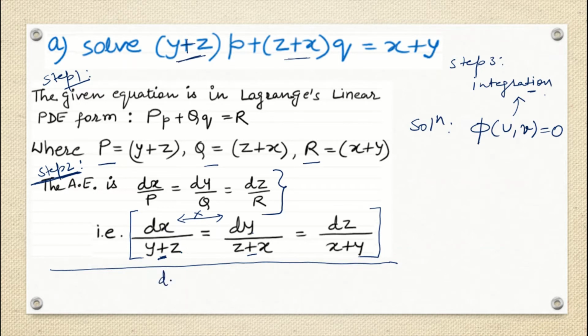Suppose it was dx by yz and dy by zx. In that case you could easily cancel out the z, get dx by y and dy by x, and do the grouping, because x goes to one side and y to the other, and then integration is easier.